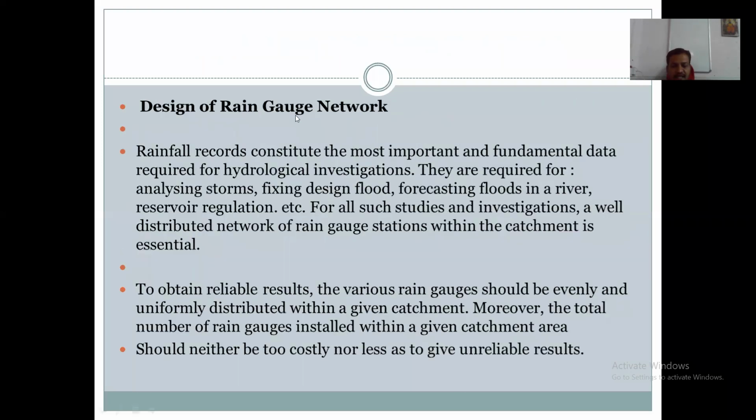So this is the design of rain gauge network. Understood till here? Any difficulty in this?